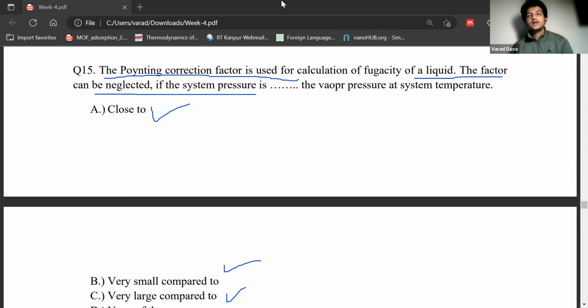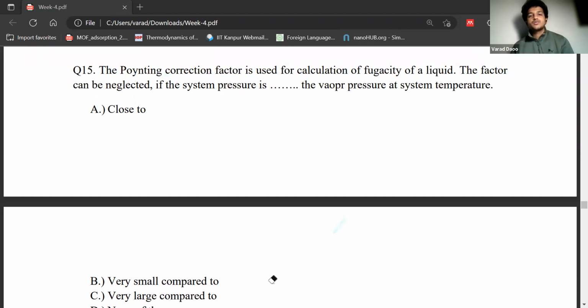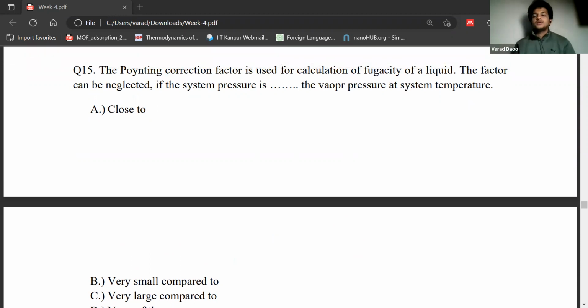So try it. I'll give you a couple of minutes for you to try, and then I'll give the answer. Actually, it's a very straightforward and very easy question. I hope you were able to answer.